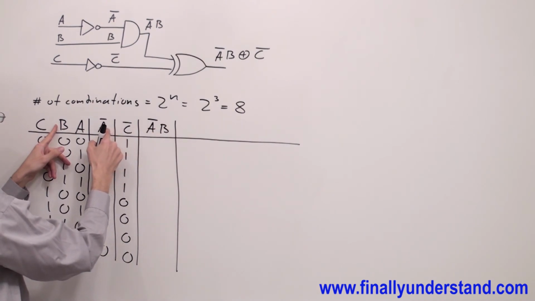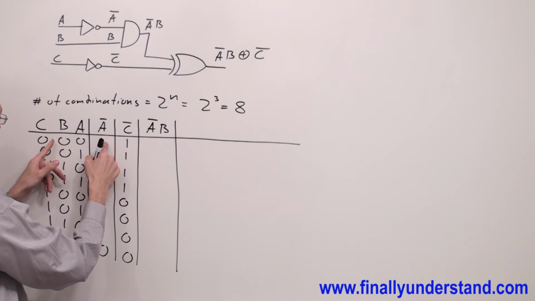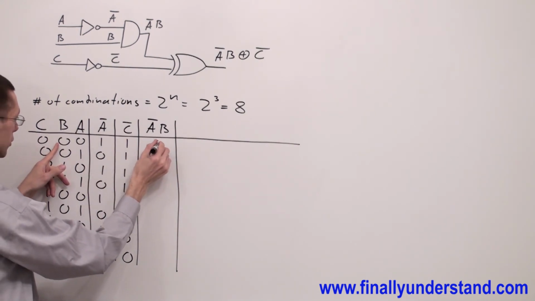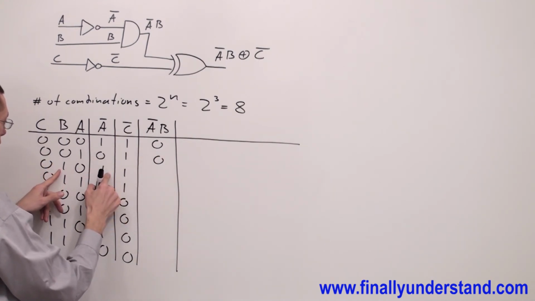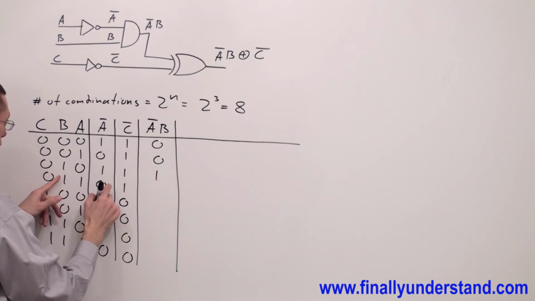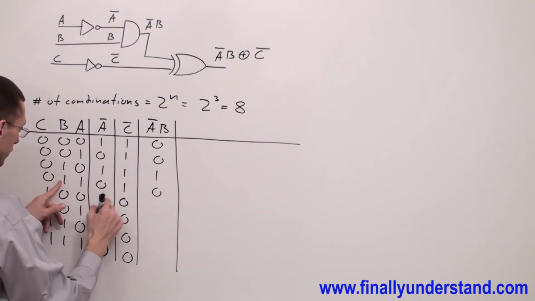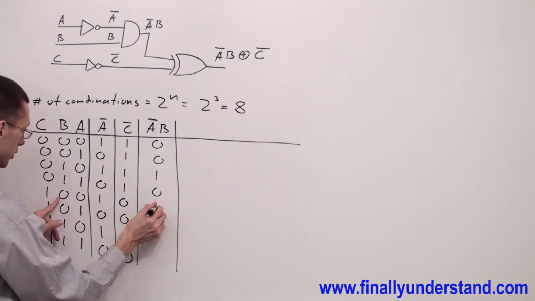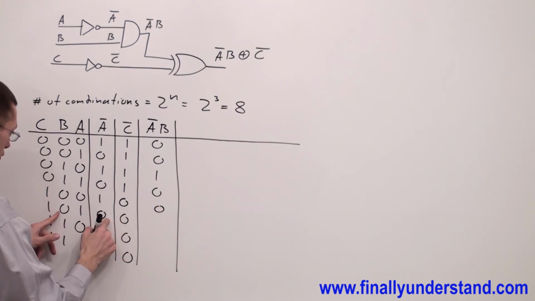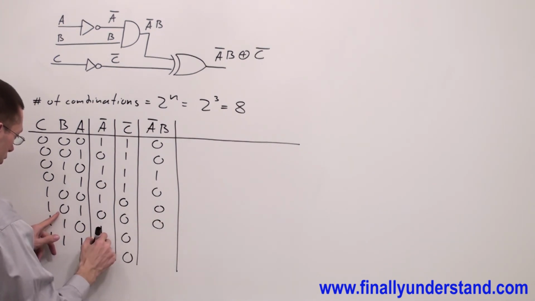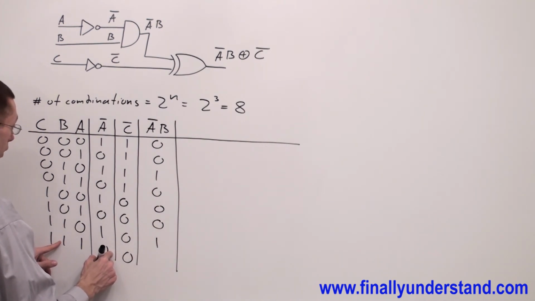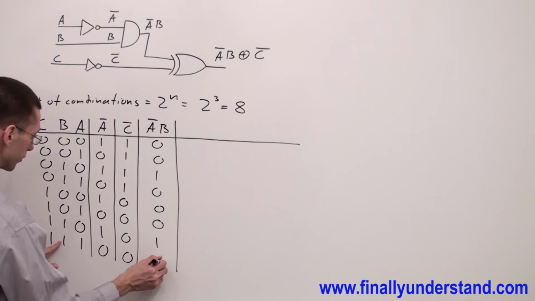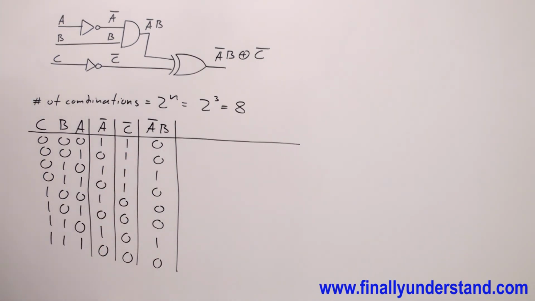So I have 1 times 0 gives me 0. 0 times 0 gives me 0. 1 times 1 gives me 1. 0 times 1 gives me 0. 1 times 0 gives me 0. 0 times 0 gives me 0. 1 times 1 gives me 1. And 0 times 1 gives me 0. This is my column A naught B.